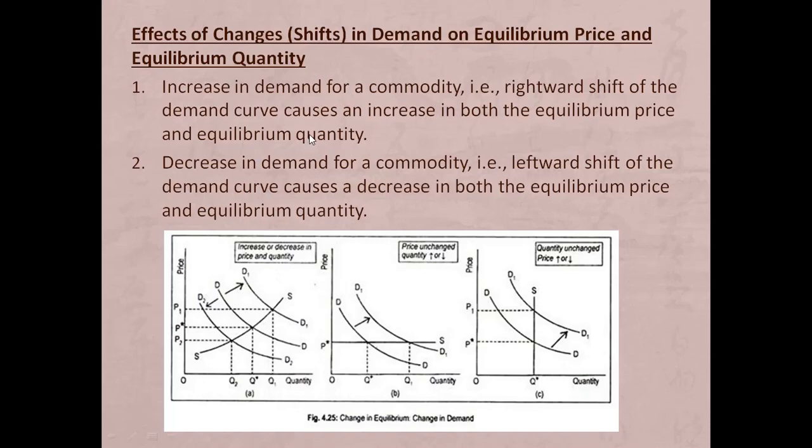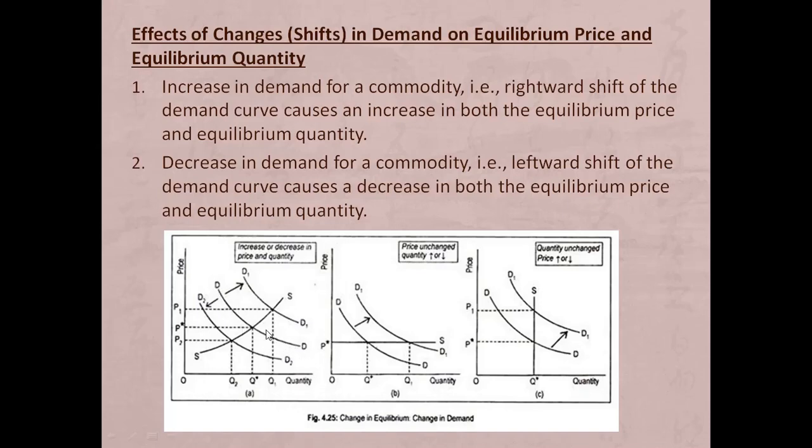So what happens when there is an increase in demand? Whenever there is an increase in demand, both the equilibrium price as well as the equilibrium quantity will increase. You can see out here that the quantity is also increasing. Let us suppose that D is the initial demand curve.